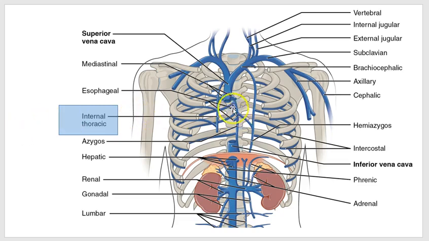You have your internal thoracic, which is one of the first branches off, or one of the last branches to the superior vena cava. You can see it's draining the blood from your thoracic cage on the anterior and dumps it in there, where the azygos coming up from the posterior does the same thing and delivers blood to the superior vena cava.